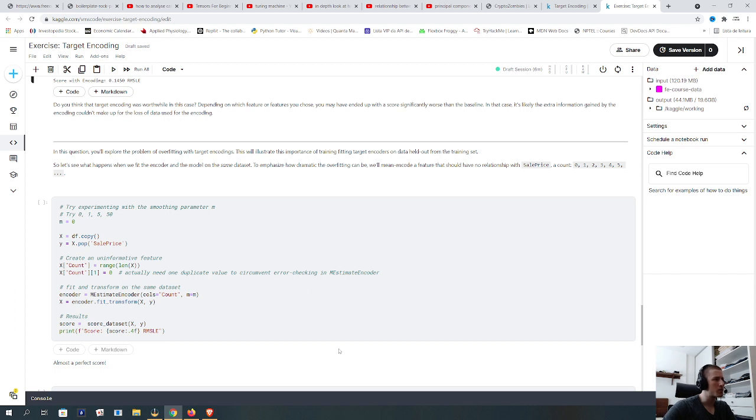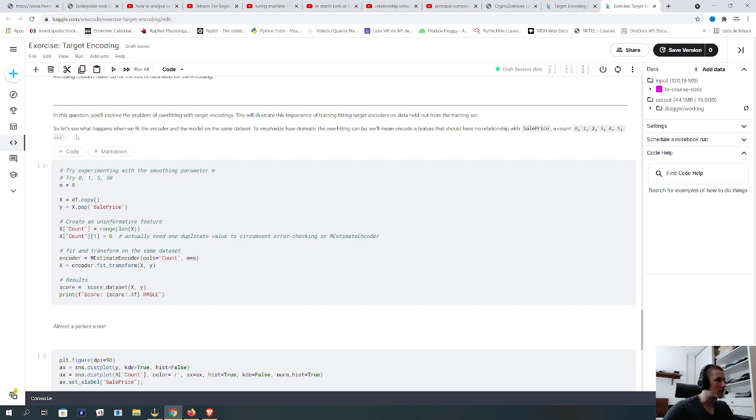This question will explore the problem of overfitting. So let's see what happens when we fit the encoder and the model on the same data set. To emphasize how dramatic the overfitting can be, we'll mean encode a feature that should have no relationship with SalePrice: a count. So X['Count'] = range(len(X)).